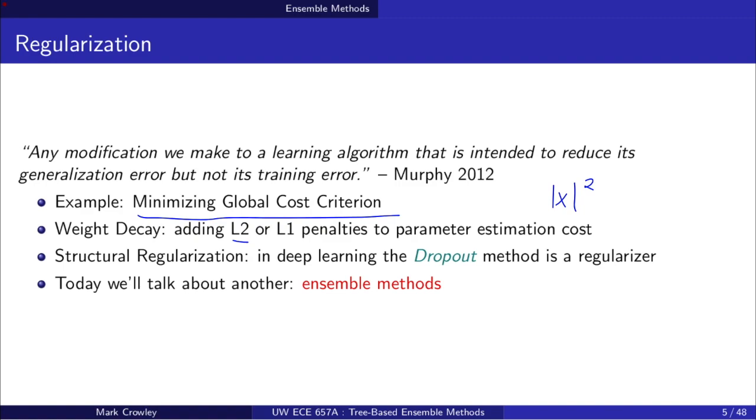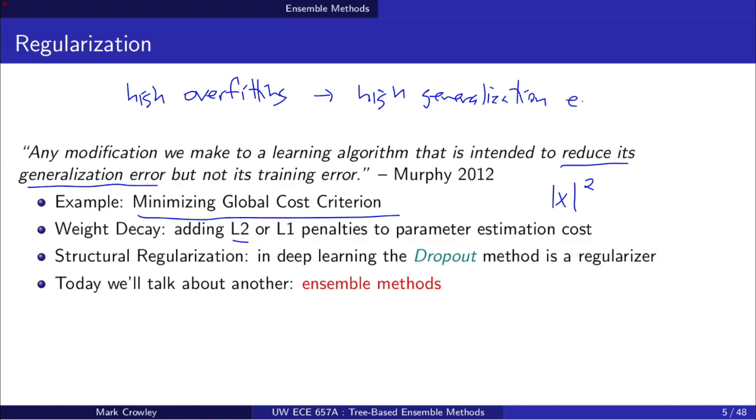So when you say reduce generalization error, if you have high overfitting, then you'd have high generalization error, right? And generalization just means that if you've done really well on the training data, then you should also do well on the test data, because it generalizes to data you've never seen before. That's all they're talking about there.